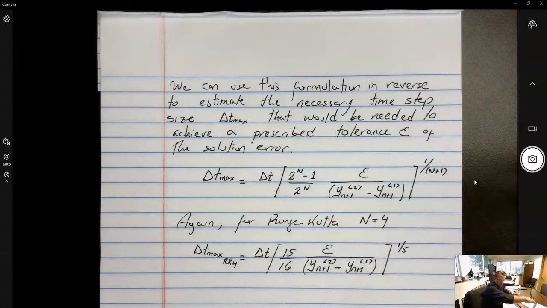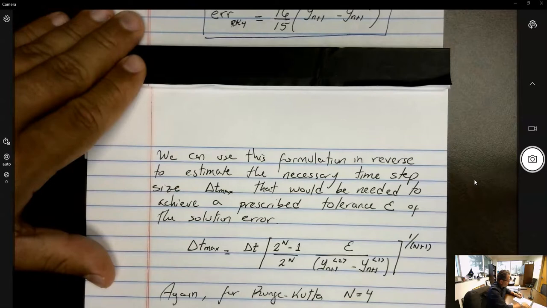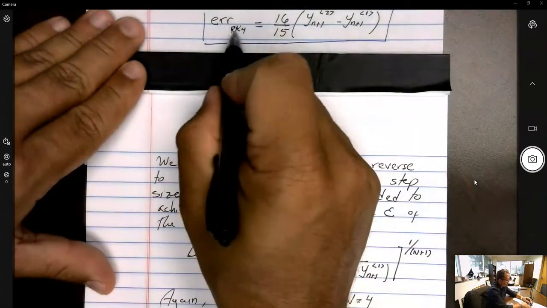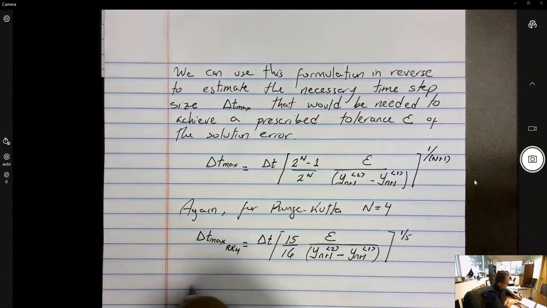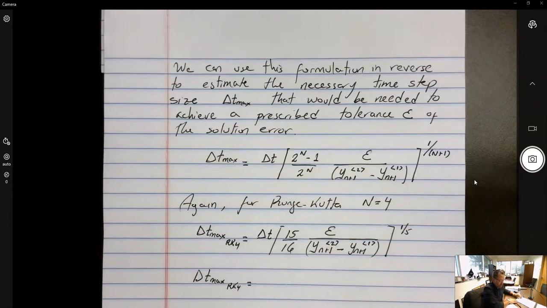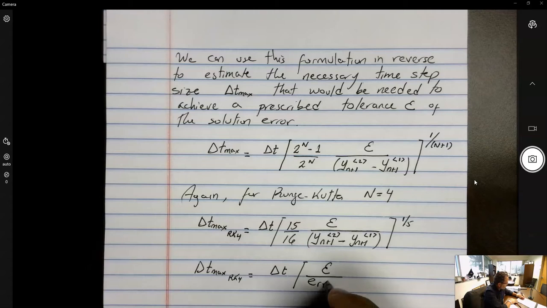Now, you can identify that this number right here, y_{n+1} difference times 16 over 15, is what we call the error in the Runge-Kutta approximation. So we can calculate that error and place it here. So the delta t max for Runge-Kutta 4 is equal to the delta t that I use for these estimations, times epsilon over the error of the Runge-Kutta 4 approximation, to the power of 1/5.